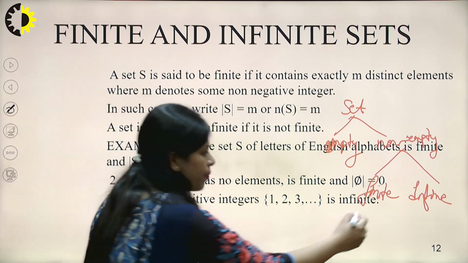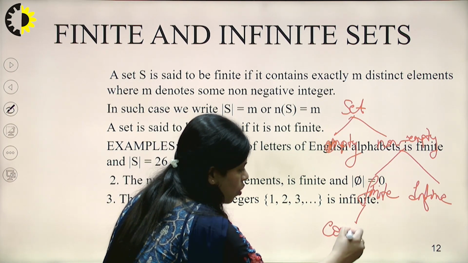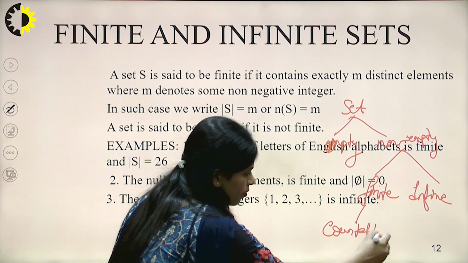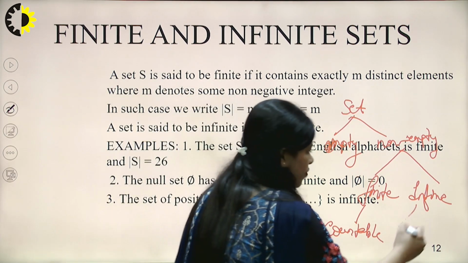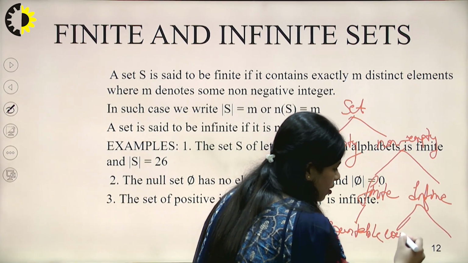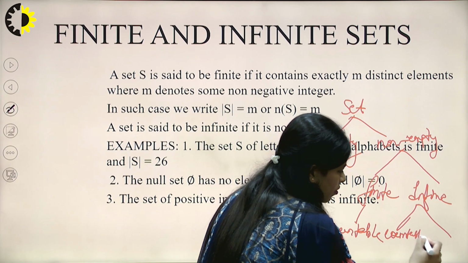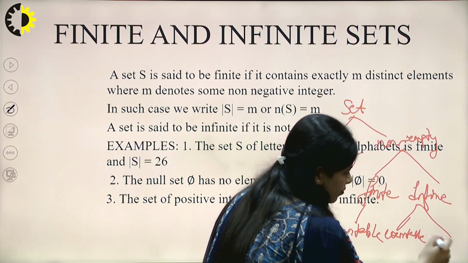Finite means we may count the values, which is called countable. Infinite is also divided into two parts, countable and uncountable.